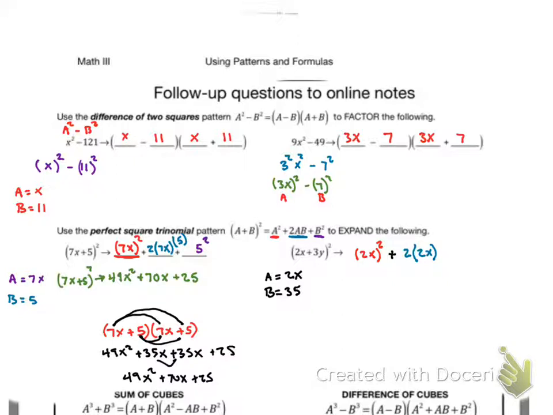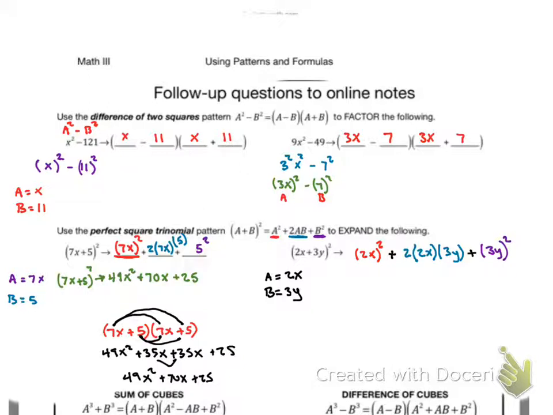That's odd. That should be a 3y. So 2 times a, which was 2x, times b, which is 3y. And then we have our plus sign. And then b squared. So I'm looking at this here. B squared is 3y squared. That's my b squared.